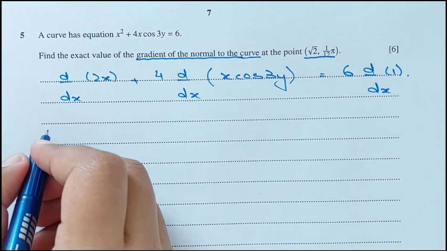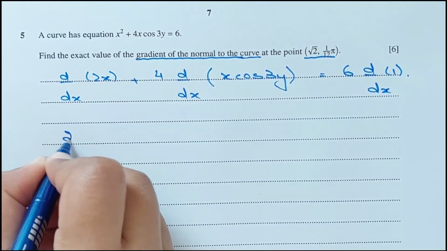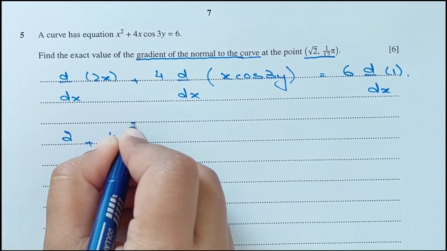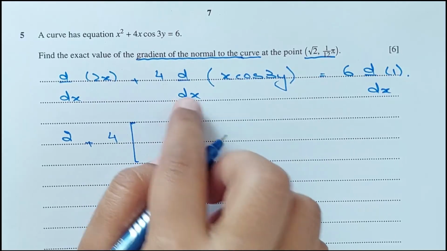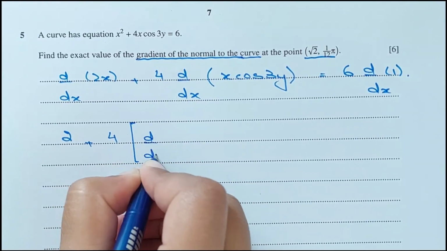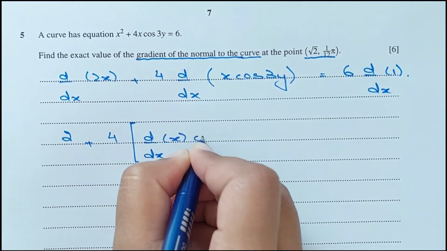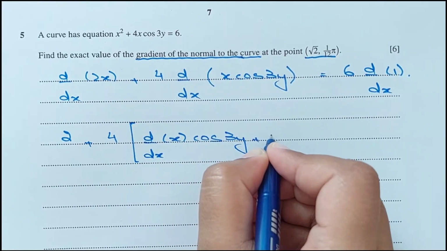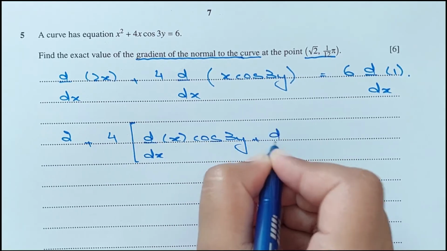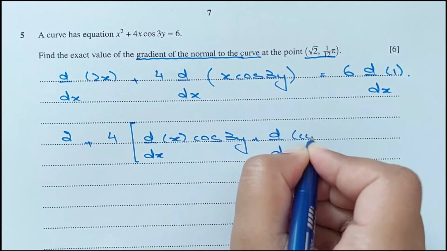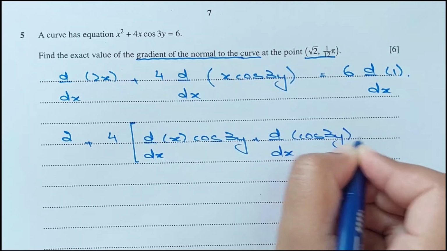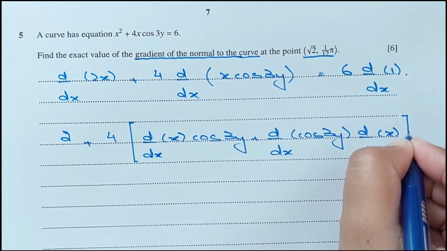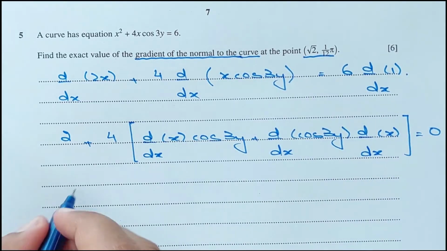All right, okay, so this is 2, dx over dx is 1, plus 4 is outside. Applying the product rule, d by dx of the first term, second term as it is, plus we have to find d by dx of cos 3y, and d by dx of x is 1, and the derivative of a constant is 0, right?